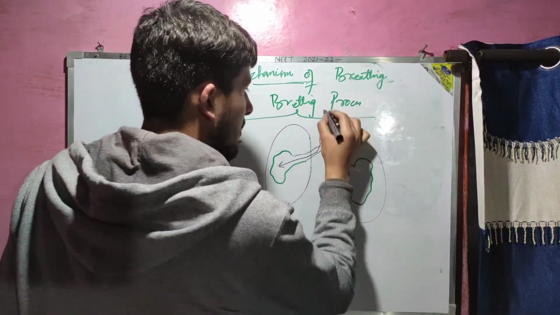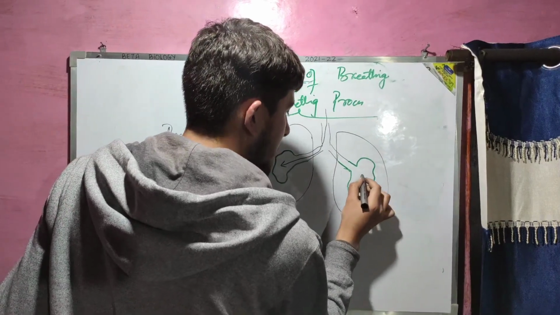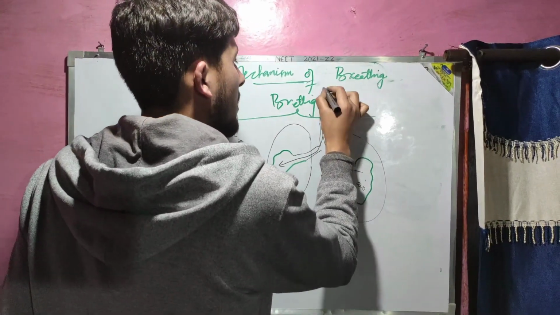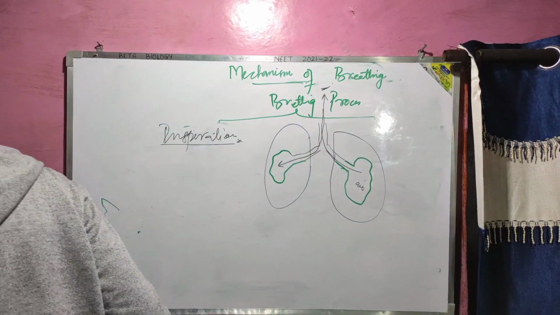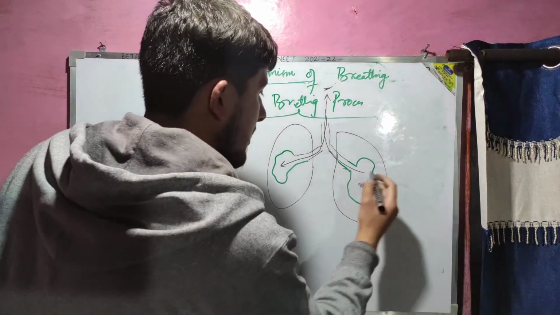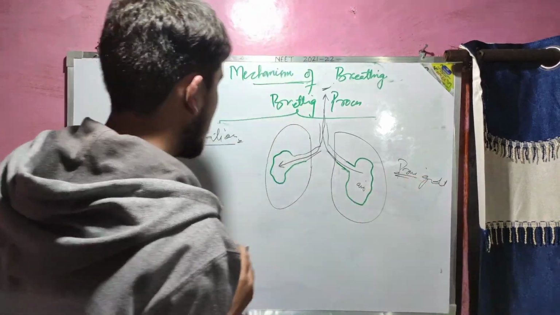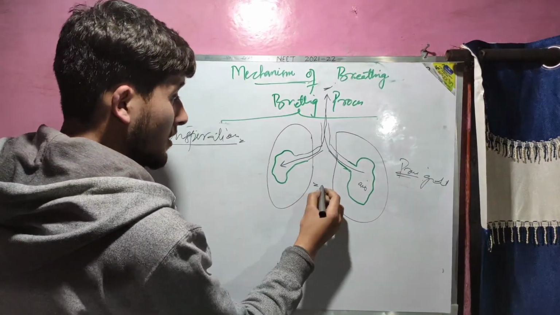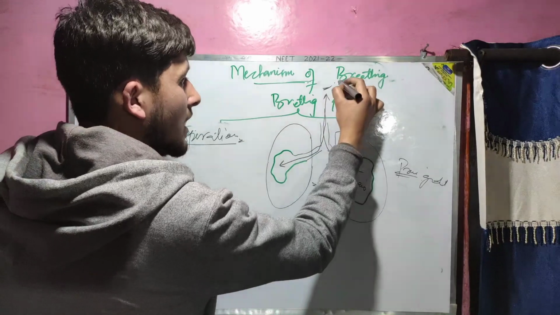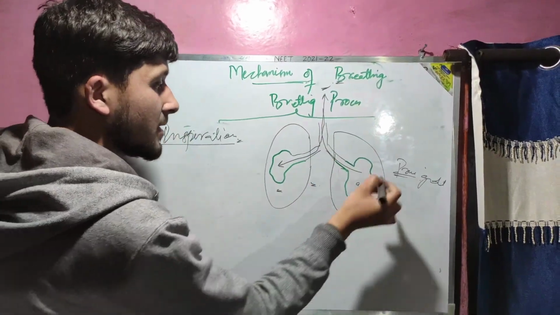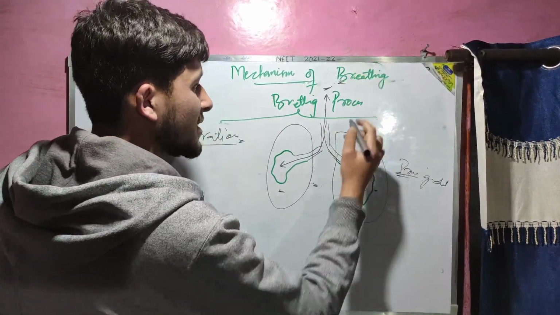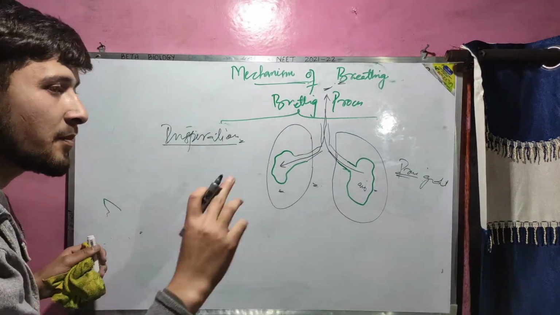And in expiration, the alveolar air is brought out of the lungs, because of the pressure gradients. This movement of air from the atmosphere into the lungs and from the alveoli out to the atmosphere is possible because of the pressure gradients.